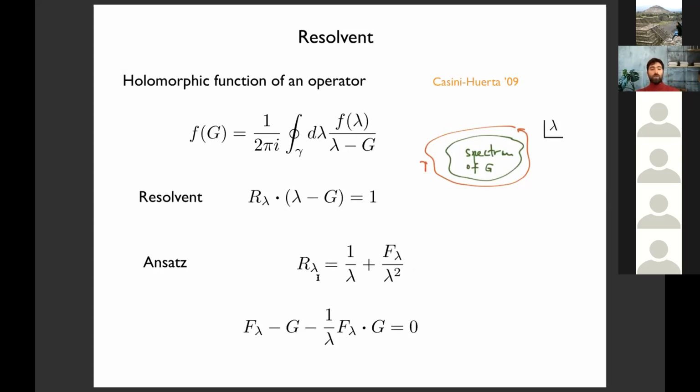So the first thing you do is you separate the resolvent into two pieces. This is just a change of variables. There's nothing special happening here. You have the identity, and then you have another piece that we're calling f, which just makes the equations a bit simpler. So when you write the equation that defines the resolvent in terms of f, and simply plug this back in, you get this equation.